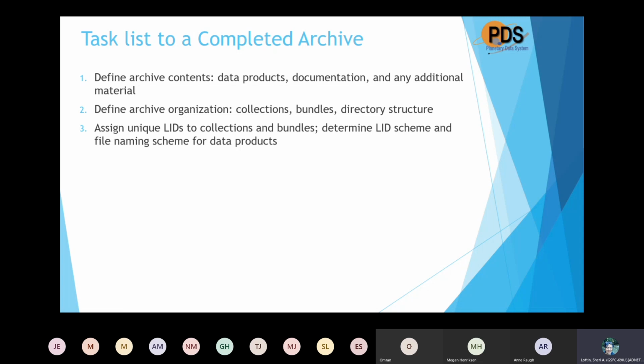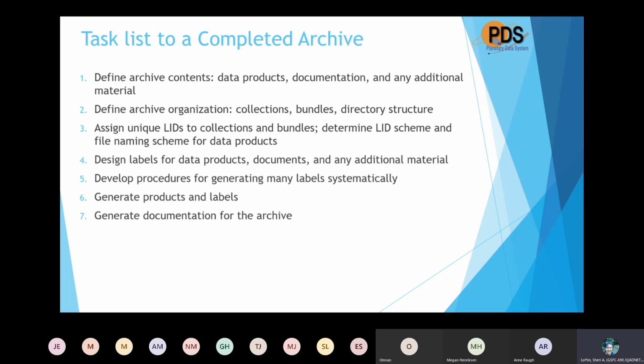And also matching your directory and file structure to the one you decided upon for the archive. This can actually really help you know how you want to store that data, how you want to name that data. So these are things to keep in mind as you move forward. And these three tasks are done with the help of the node personnel. You're not going to be on your own with these first three tasks.